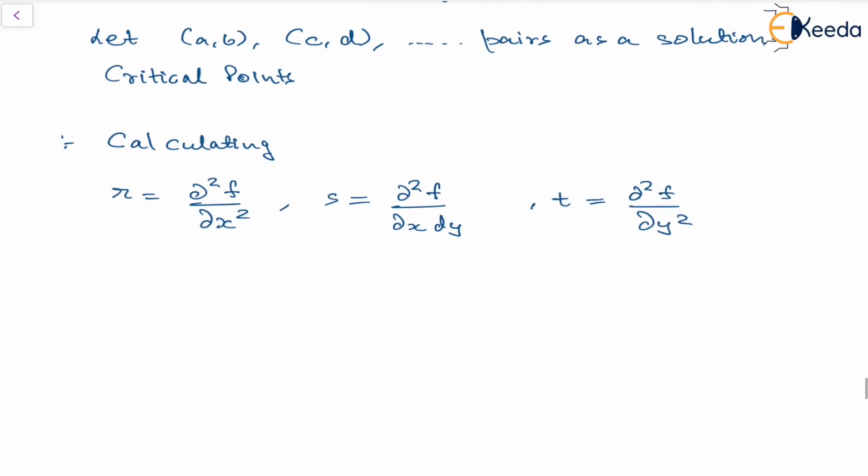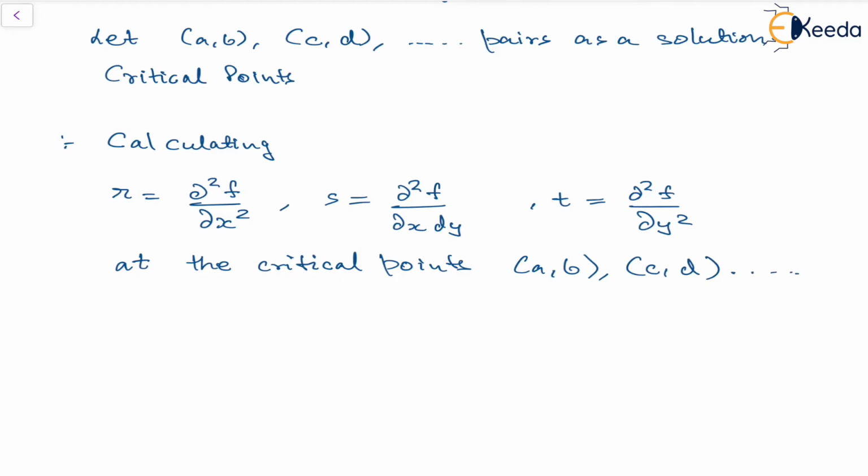So with these values at the pairs or at the critical points, that is (a, b), (c, d), and if we have more such pairs.